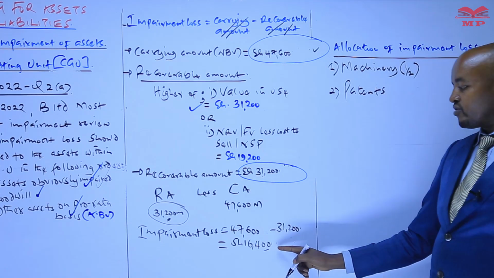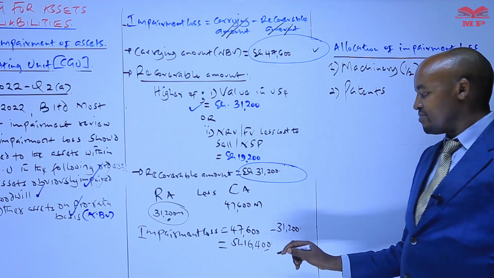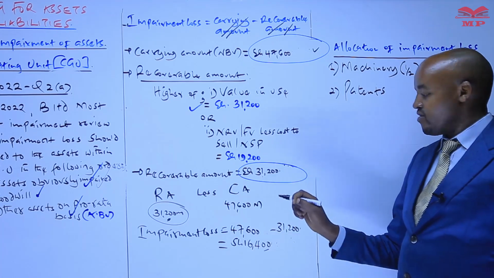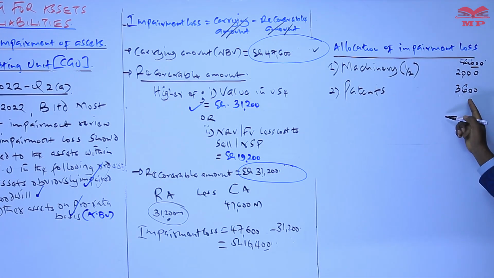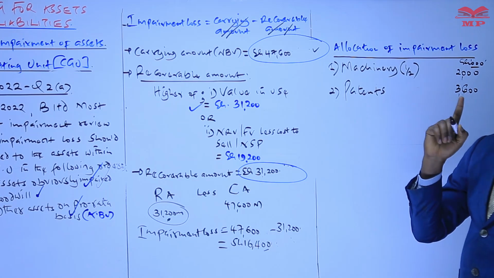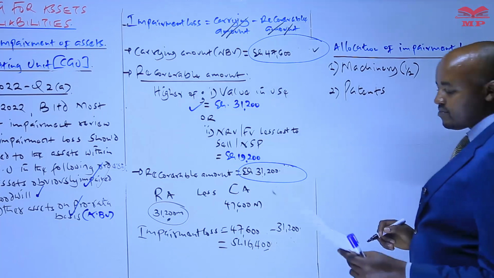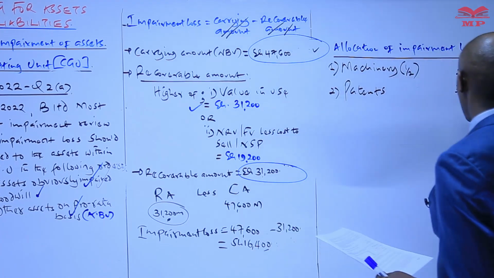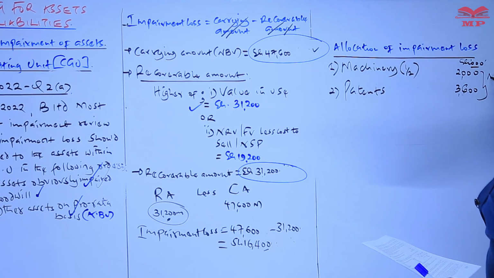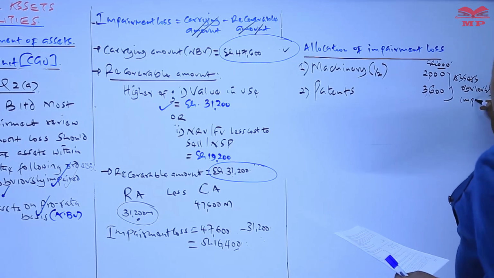So out of the total impairment loss, we have a remaining impairment loss of 14.4. We then allocate to the patent an impairment loss of 6 million. Still, our impairment loss is remaining. Then we have allocated to the assets which are obviously impaired.